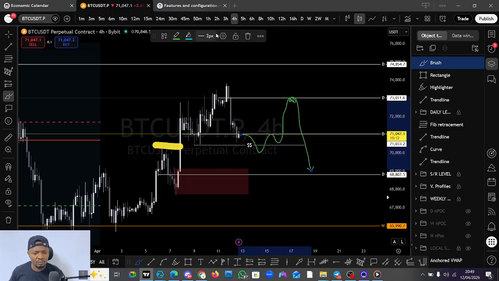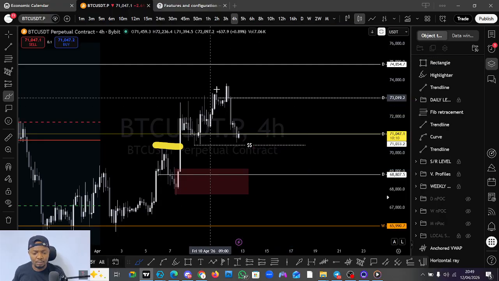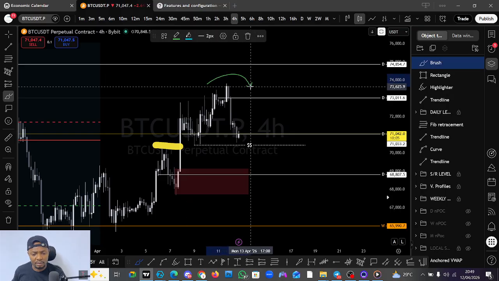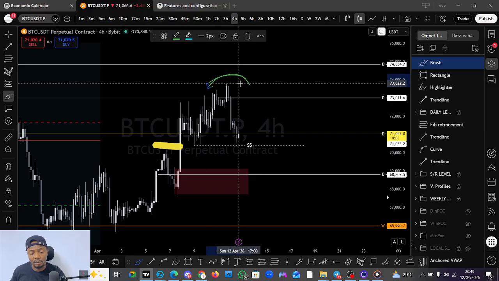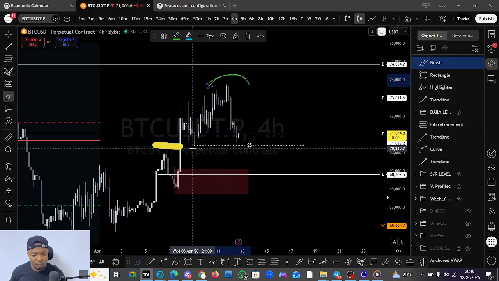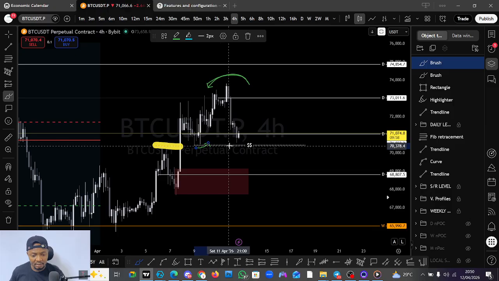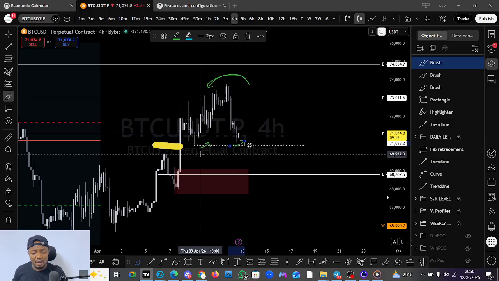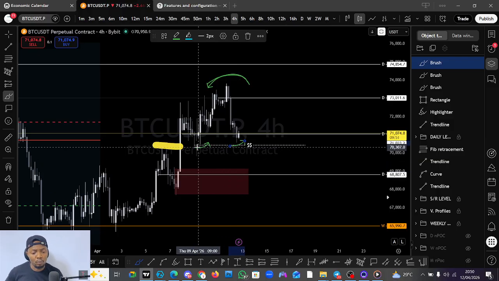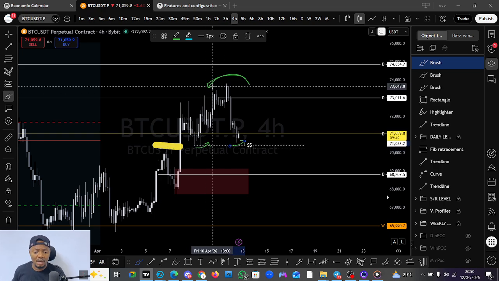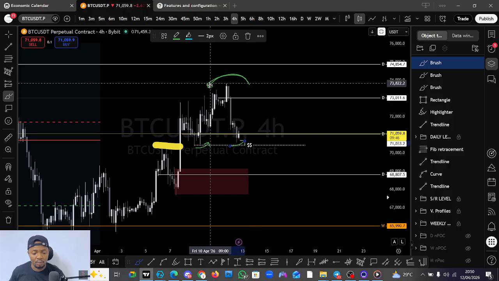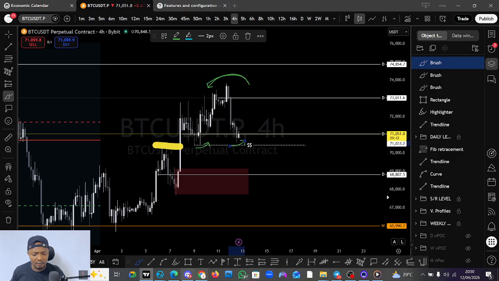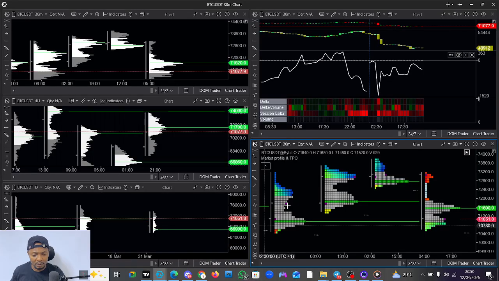And what else? Looking at market profile, the top created by price now is not really looking good, and the lows created by price here and even here are not looking good. We have several poor lows below, and we also have several poor highs above.